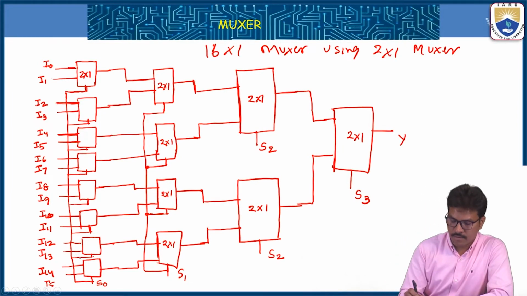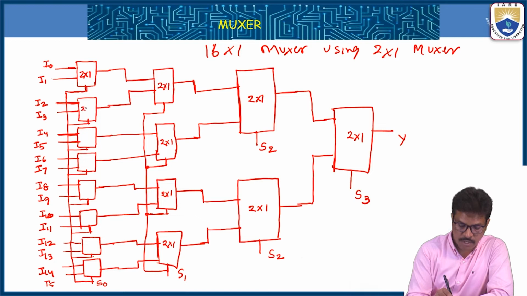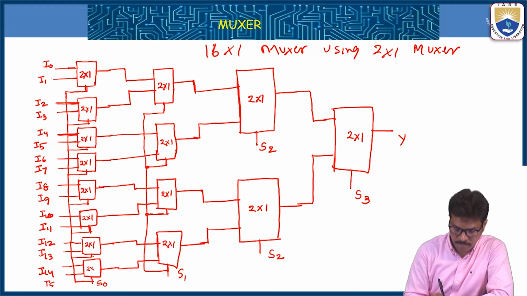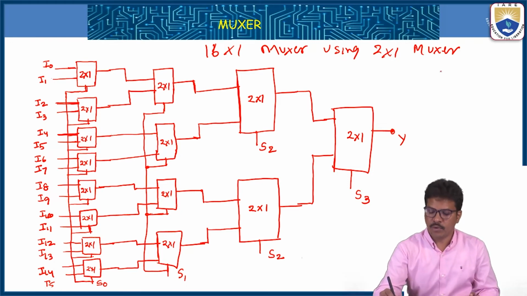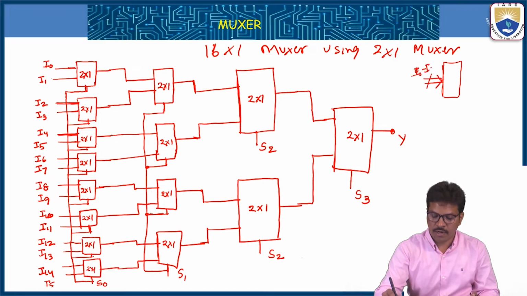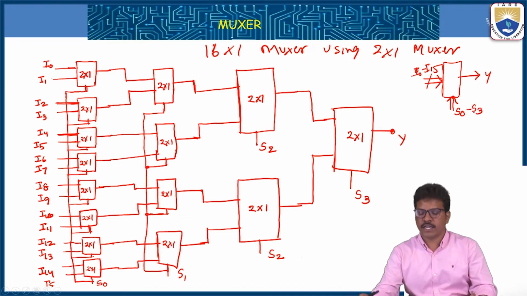These are 2 by 1 multiplexers, and the primary output is Y, a single output. So it is like a simple 16 by 1 multiplexer, with inputs I0 to I15, one output Y, and the select lines are S0 to S3, 4 select lines.